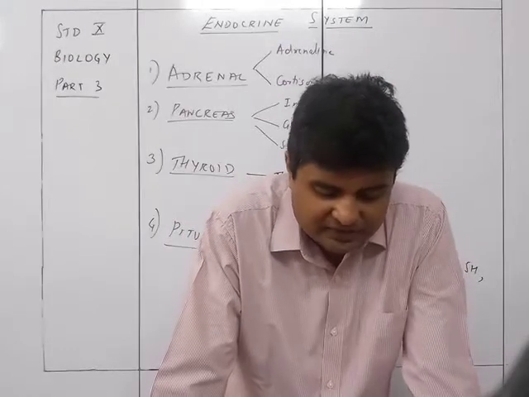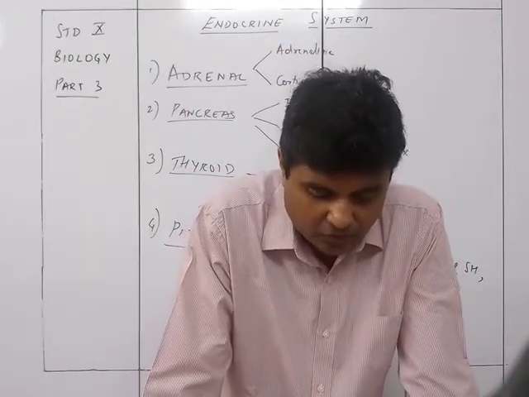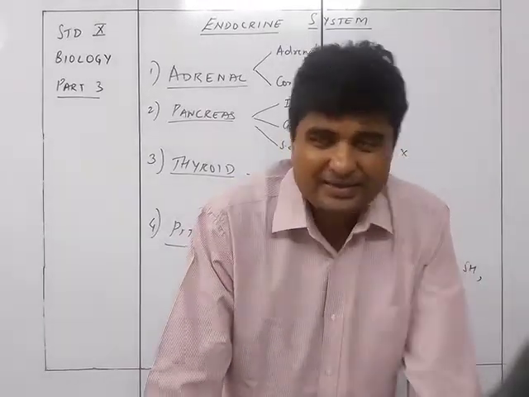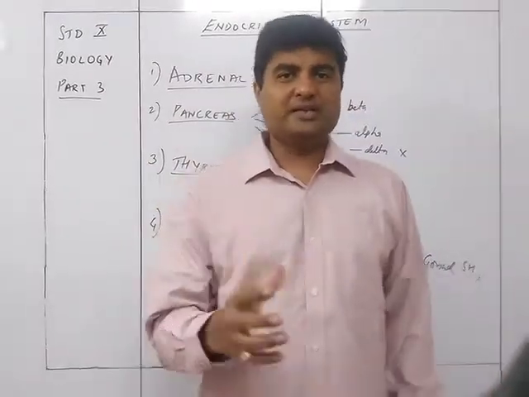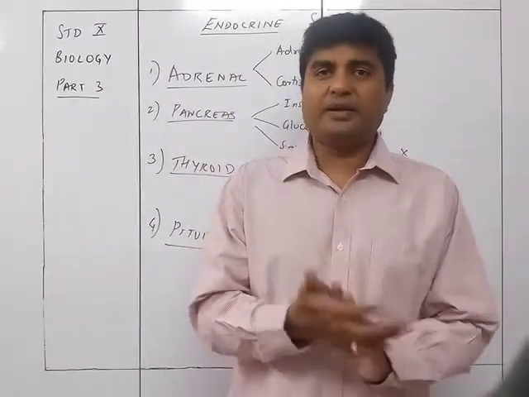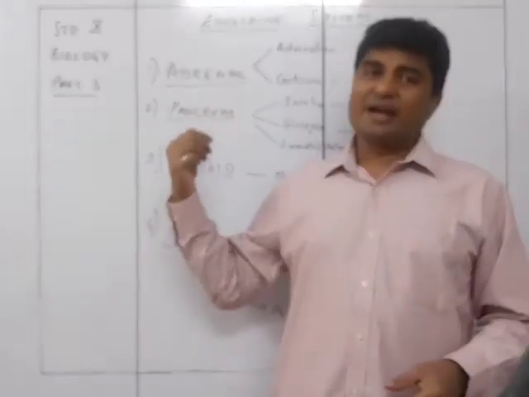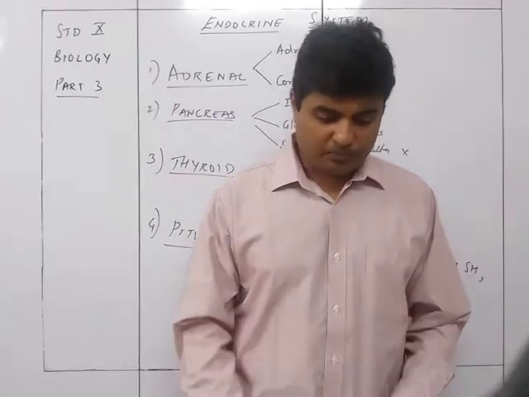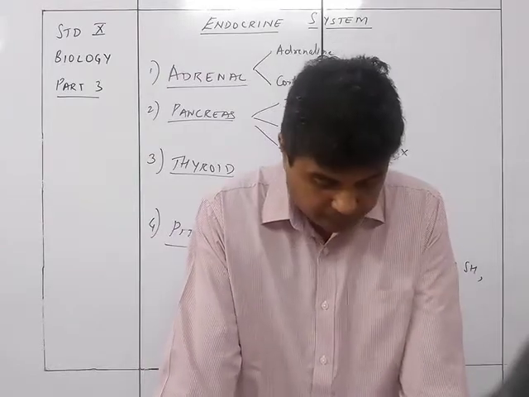Tropic means influencing the activity of the named organ, such as the thyrotropic for thyroid, adrenocorticotropic for adrenocortex, etc. So whenever you have got anything like some tropic hormone, it means it is going to stimulate that particular endocrine gland for secreting the required hormone of that particular gland. So that is why it is tropic hormone.